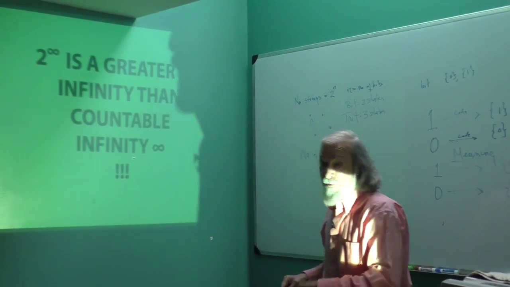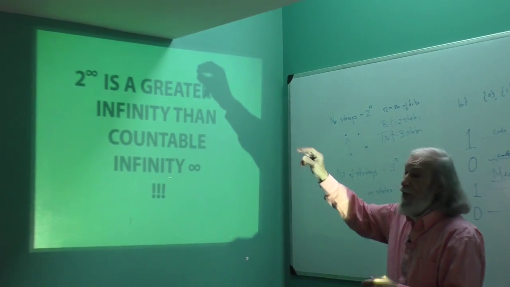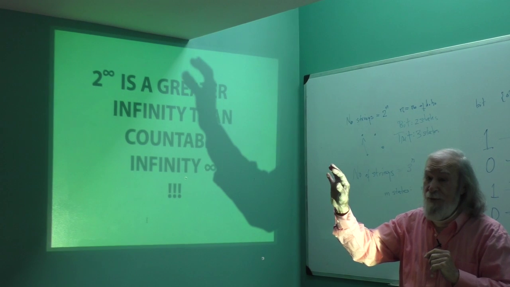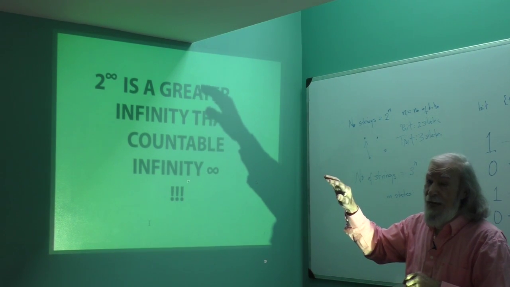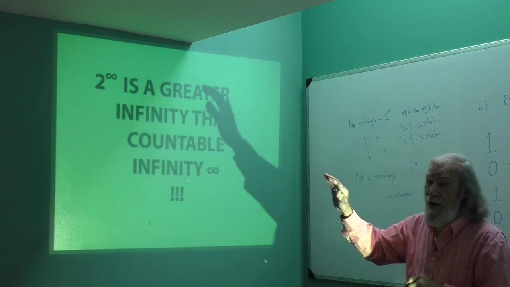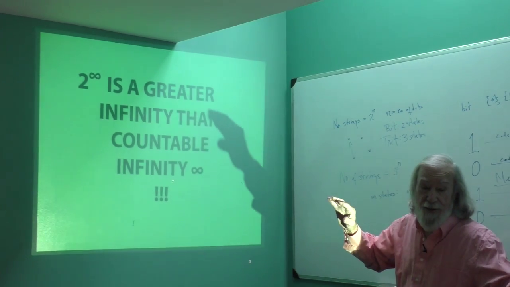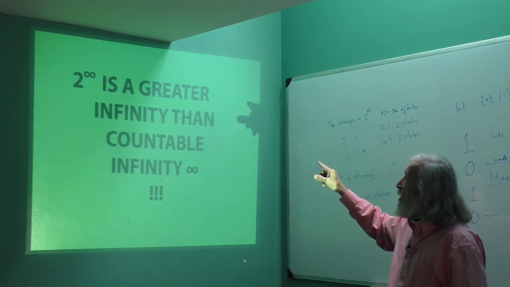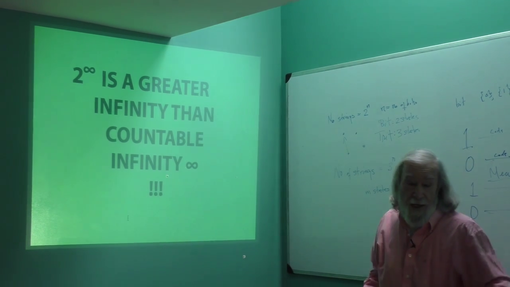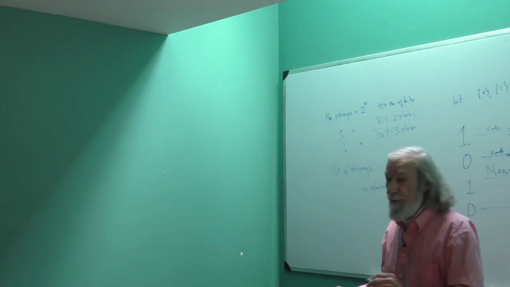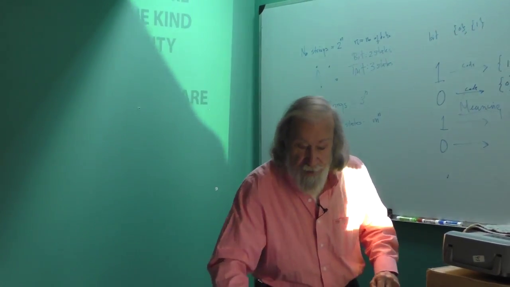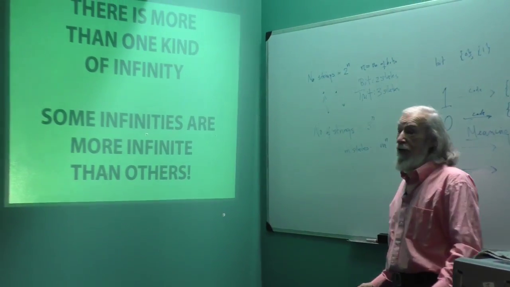Well, I've already told you that 2 to the infinity, again, that's a kind of cartoon. Infinity is not a number, but exponentiation of infinite sets is a greater infinity than countable infinity. And here I want to go back. There is more than one kind of infinity.